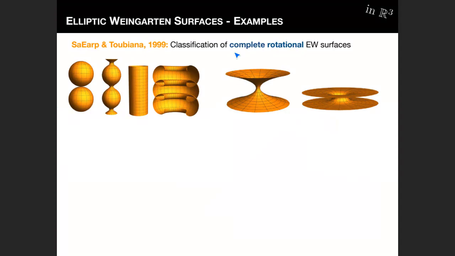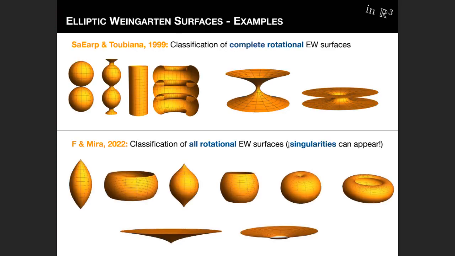For CMC and minimal surfaces, actually any rotational surface must be a part of a complete one. So this is actually all the examples, but a different thing that happens here is that this is not the case for general elliptic Weingarten surfaces. So not any rotational surface must be part of a complete example because singularities can appear.